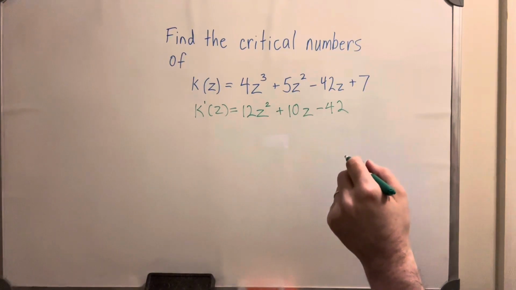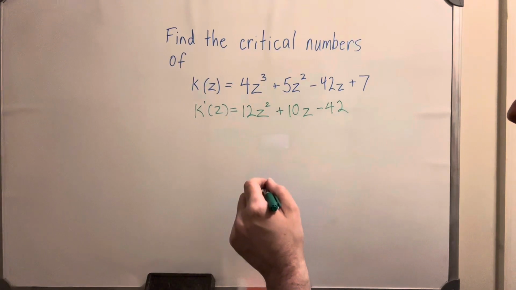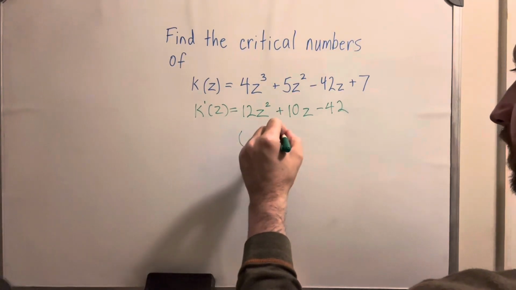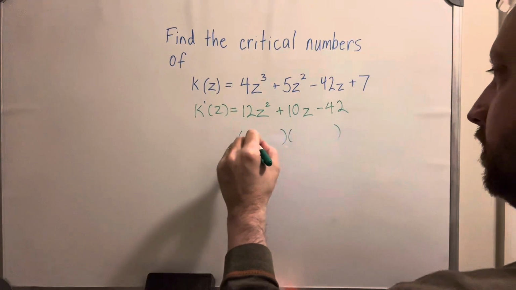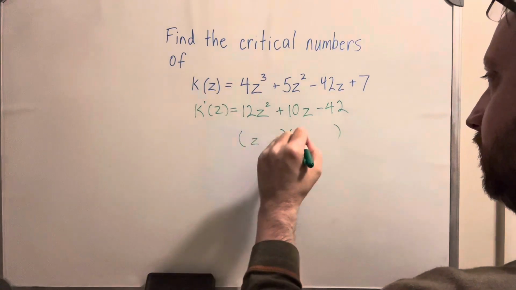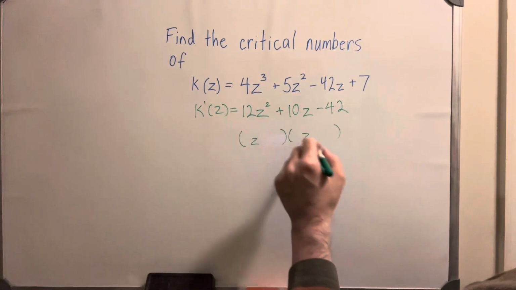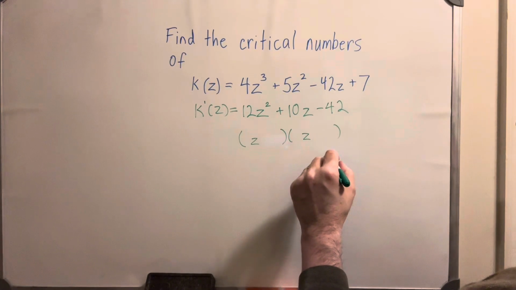Is this a friendly function, easy to factor? This is my technique. I know that if it is factorable, it's going to be like this, where I've got some coefficient here, z, some coefficient here. I'm going to write the factors of 12.